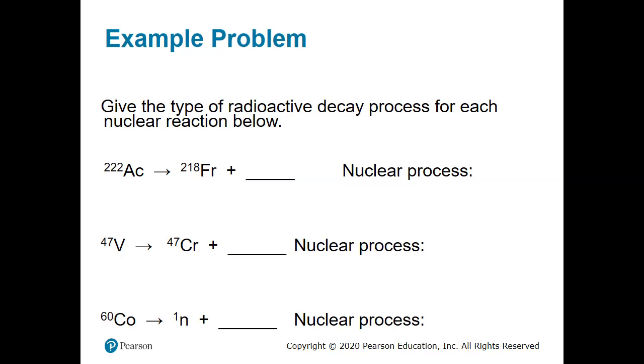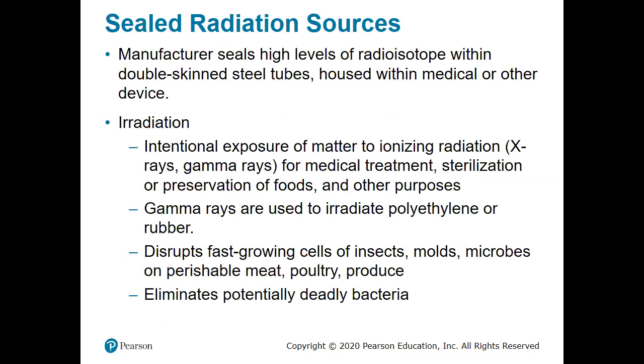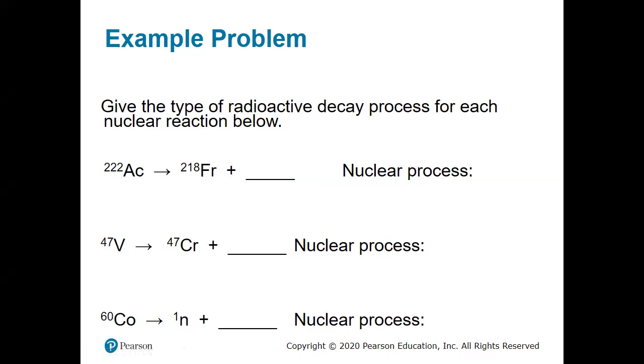Let's do one more example problem, and then I think we will call it a day here. So let's go through this process, and we're going to balance these transmutation reactions and identify which processes we are looking at.